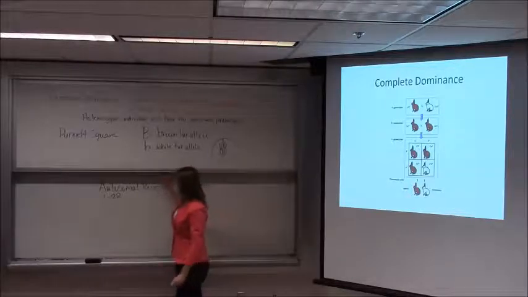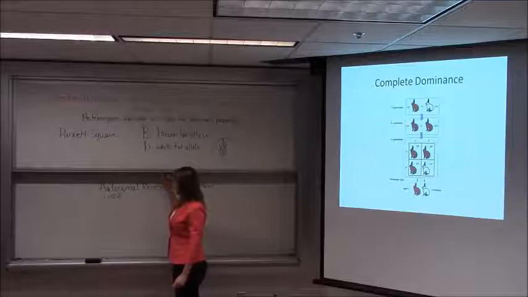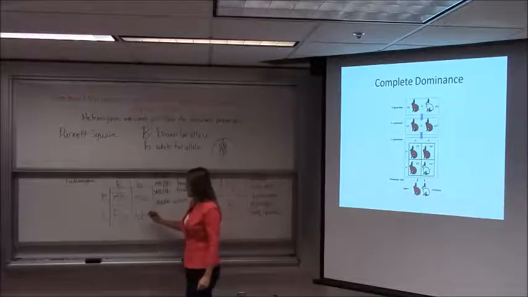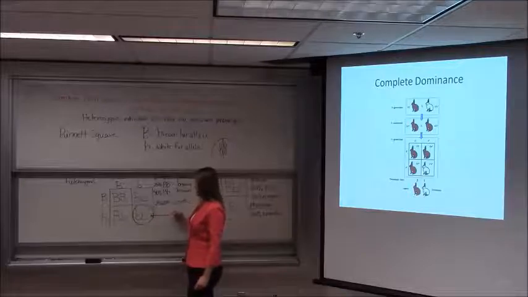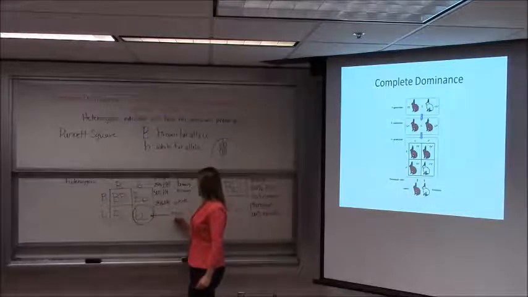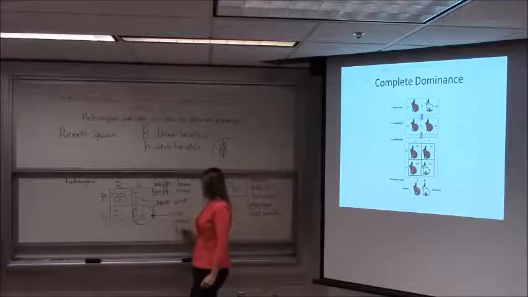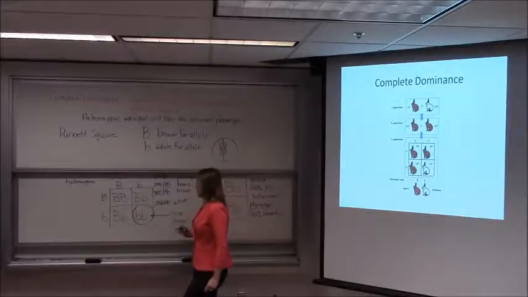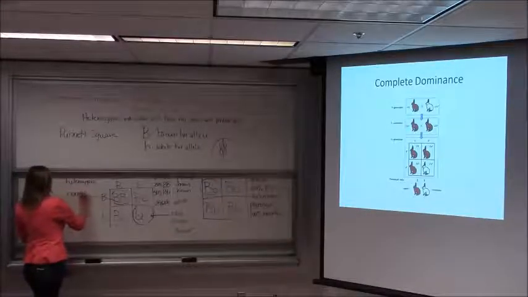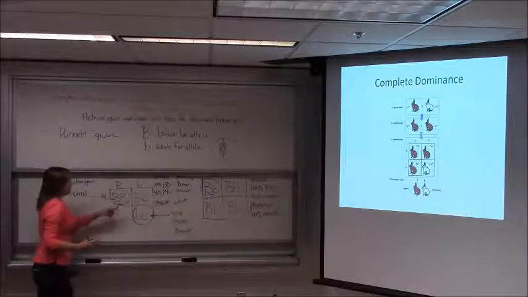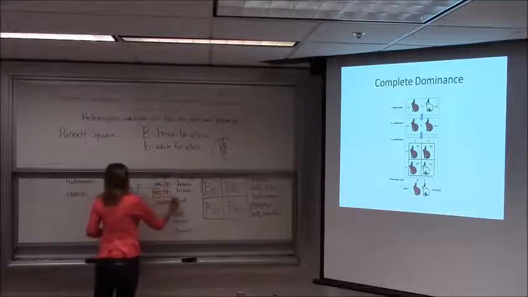So that means the only individuals that have the disease are going to be these. So these individuals would have the disease or the disorder. Homozygous dominant, these are healthy, normal. What are the heterozygous individuals called?